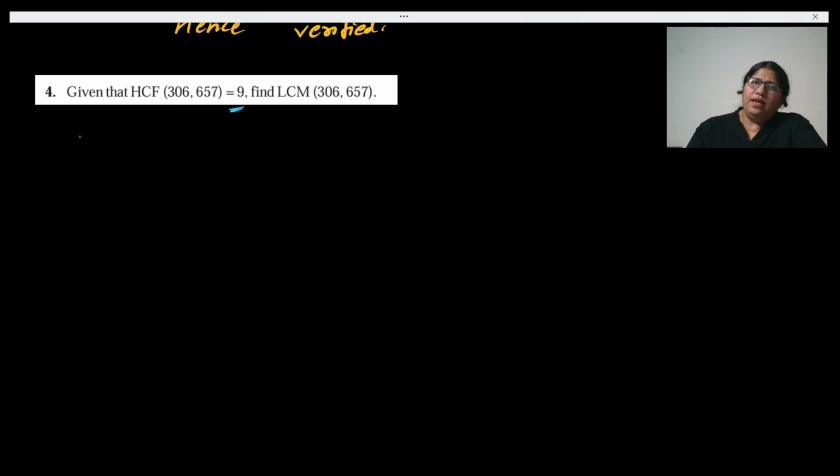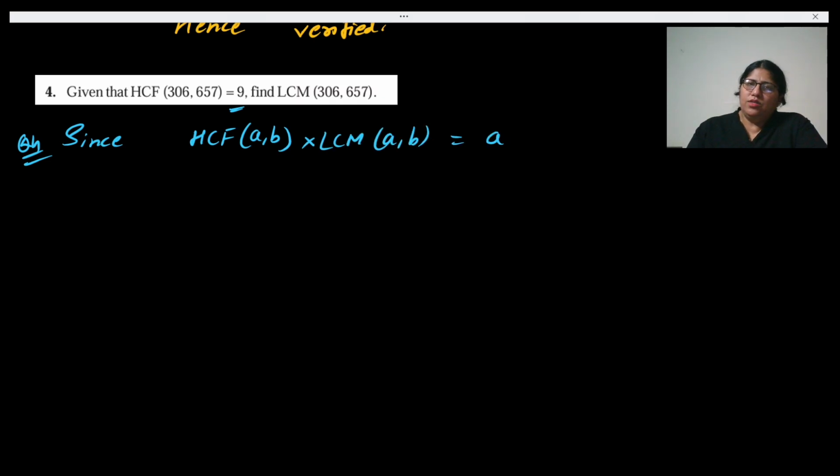So we can take it here, since, because first we have to mention the rule. Since we know that HCF of two numbers times LCM of two numbers is equal to the product of two numbers. Now just substitute, what is the LCM? HCF is given, 9 times LCM, which is equal to 306 times 657.